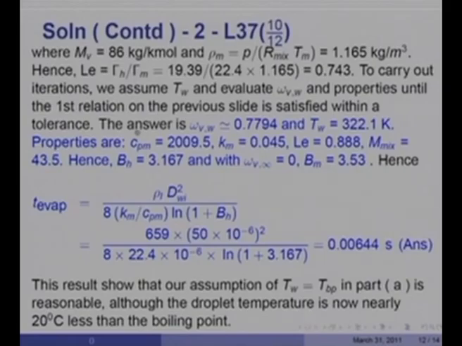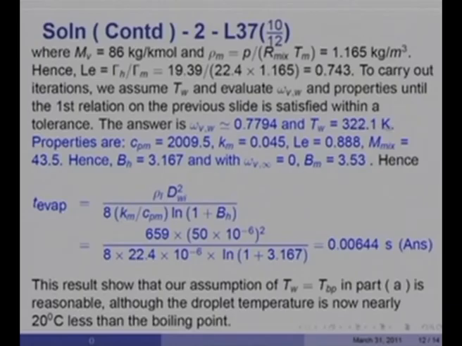So, after iterations, convergence is obtained when TW is 322.1 Kelvin or 49.1 degrees centigrade.